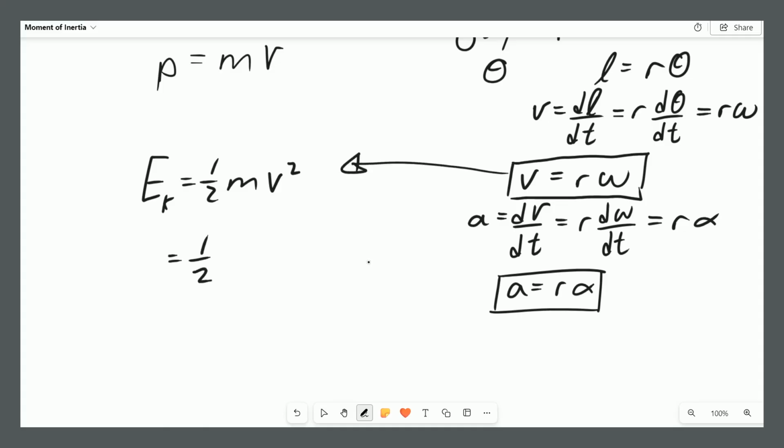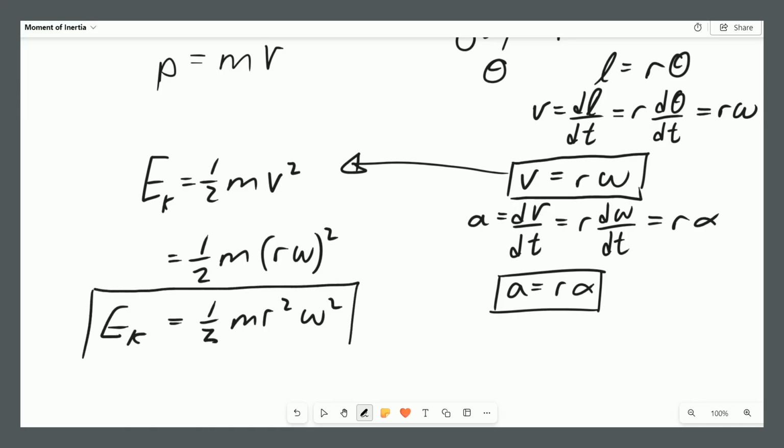So we have 1/2 m times r omega squared, or 1/2 m r squared omega squared. So in this form of the equation, it's still the same kinetic energy. It's just in terms of angular velocity omega. And we see it's multiplied by this mr squared.